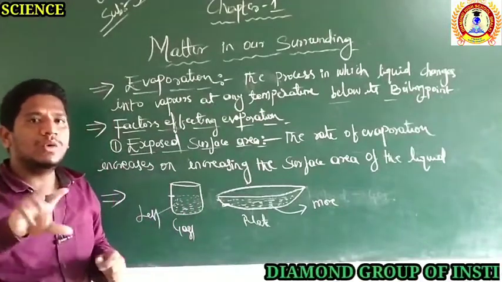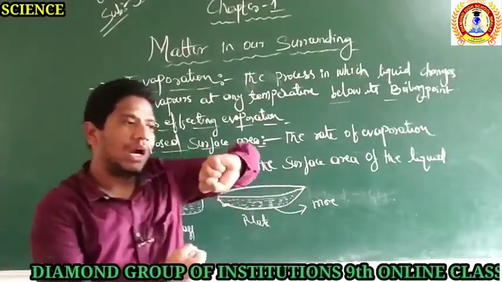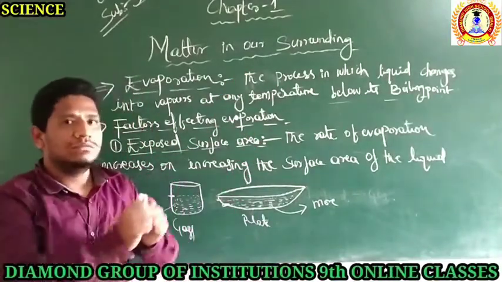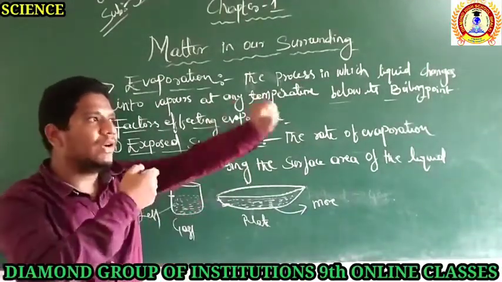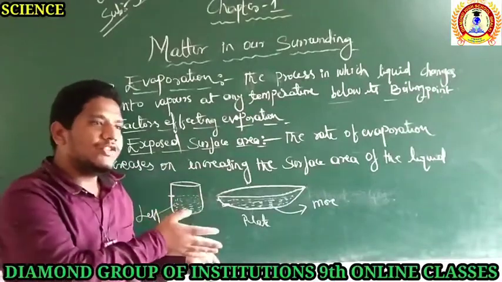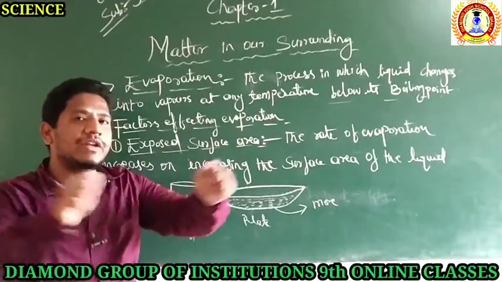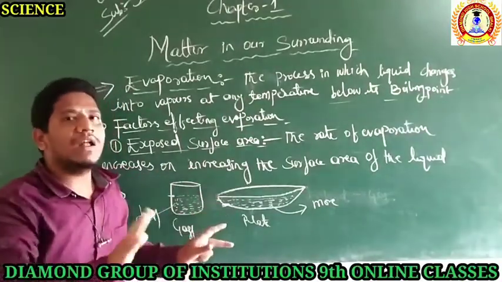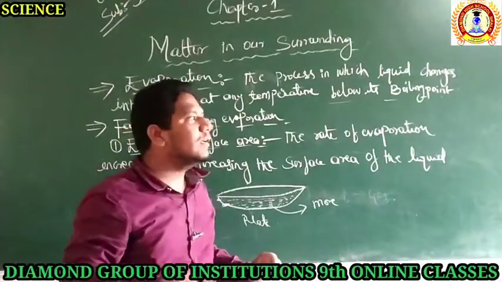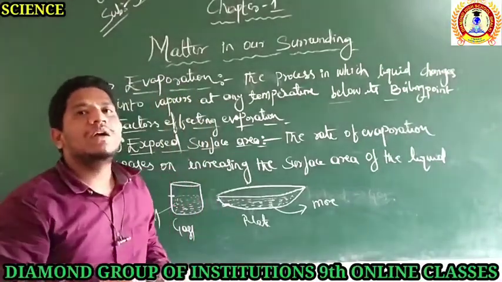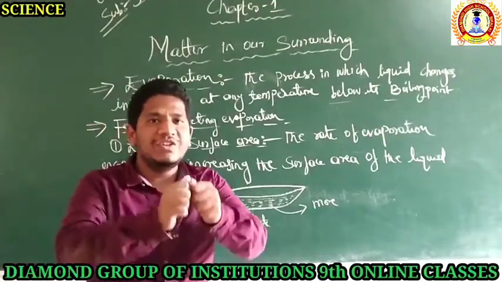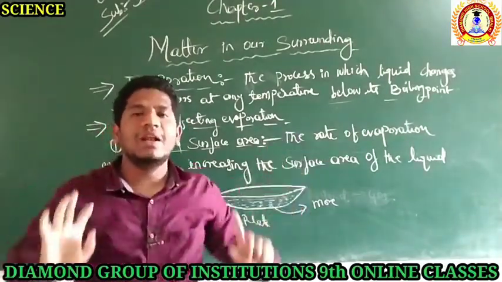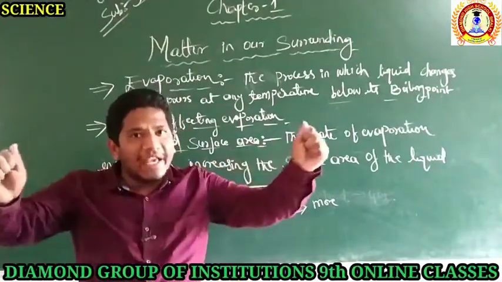Do one thing: squeeze one shirt and put it as usual, without increasing the area, and spread the other shirt to increase its area. Consider after some hours which shirt dries faster. The shirt whose area is increased will dry very fast because the area is more.